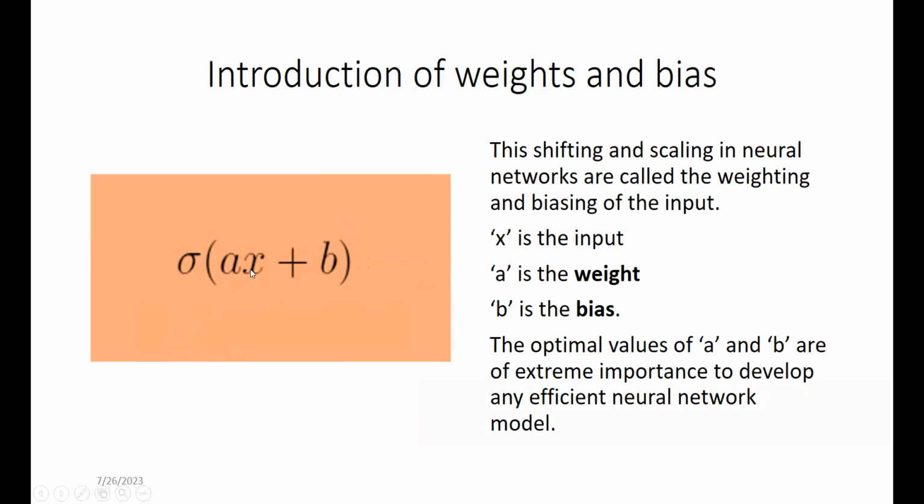When I'm writing sigma of ax plus b, this x will act as the input variable, where we are going to take the input of those data values which are available as a data set. If I go back and take the example of the same case we are discussing, the fertility or infertility of a particular piece of land.